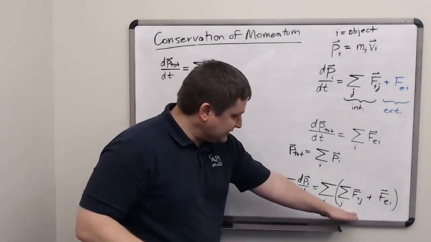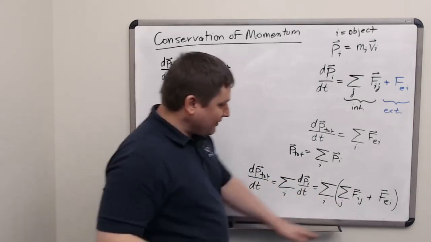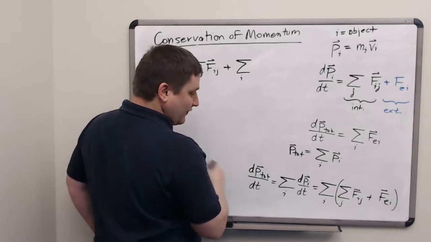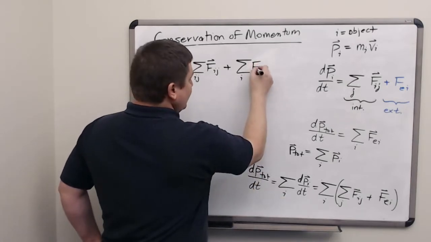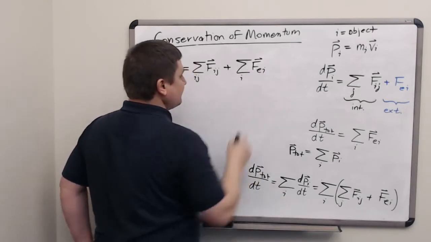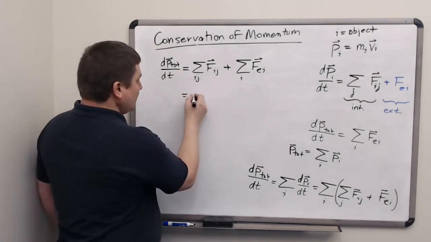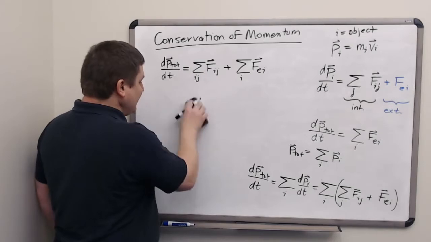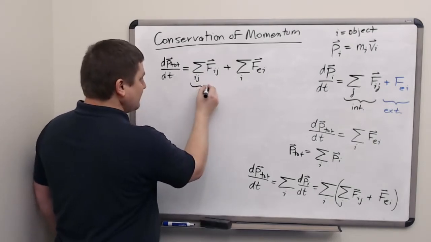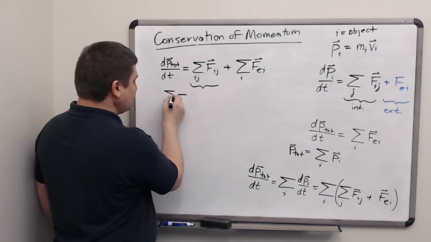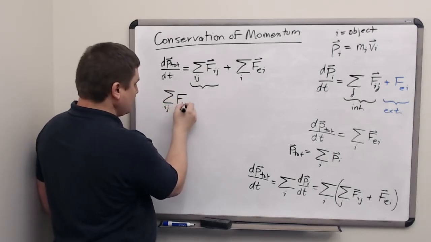That comes from this. And then the second term in parentheses is just the sum over index i of all the external forces acting on the objects. Now let's focus on this first term here, because this is the one that's due to internal forces.